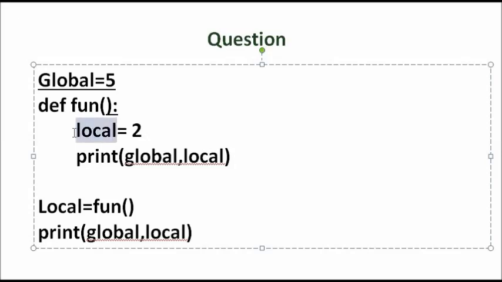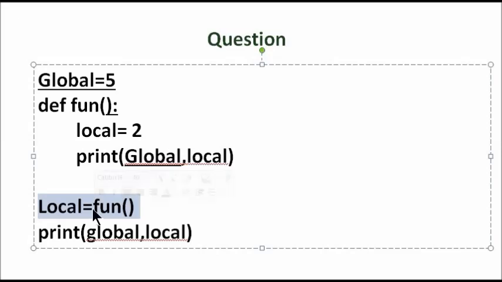The next statement: local = 2. What about local? Is it a keyword? No. I can use this local as a variable name. Local = 2. Then next statement, print(global, local). Here also G is uppercase. Underline. Then what is given outside this function? local = fun(). The function fun is called and the return value of this function is stored in variable local.